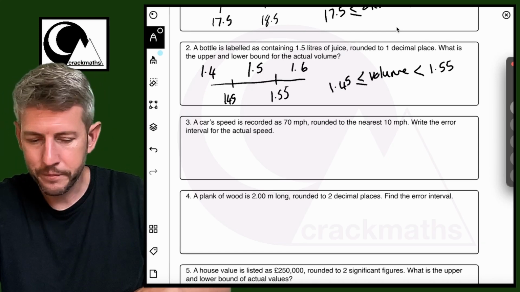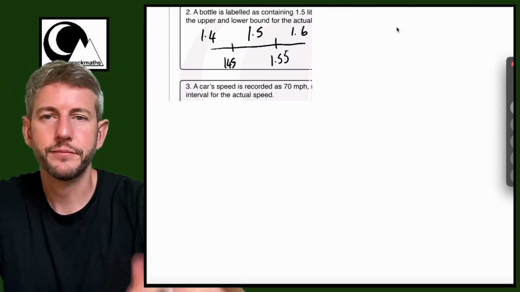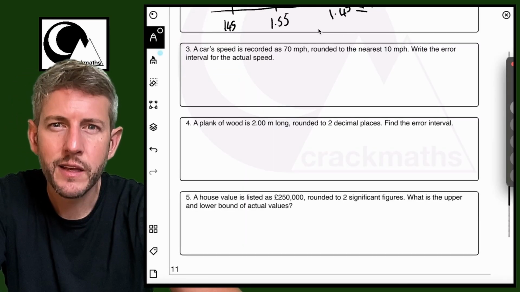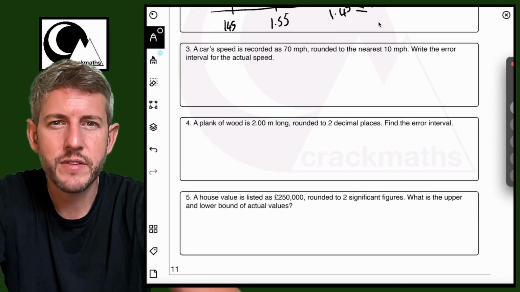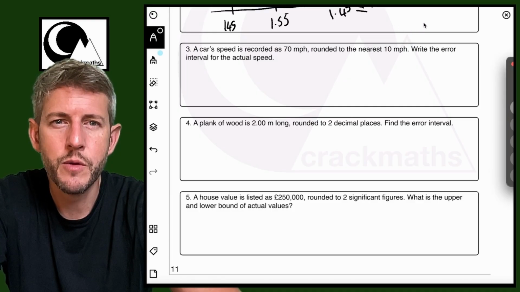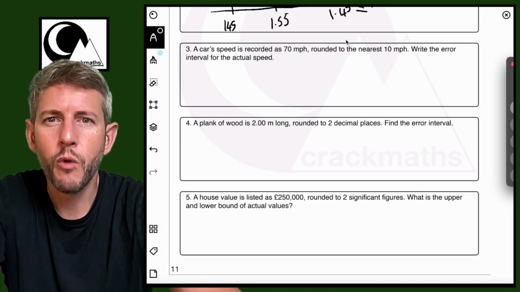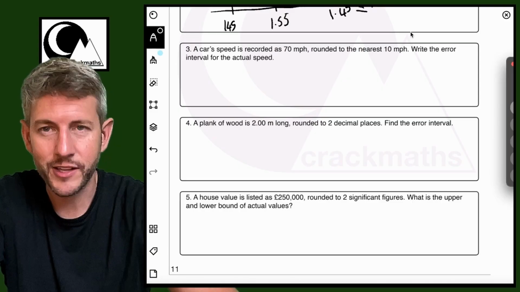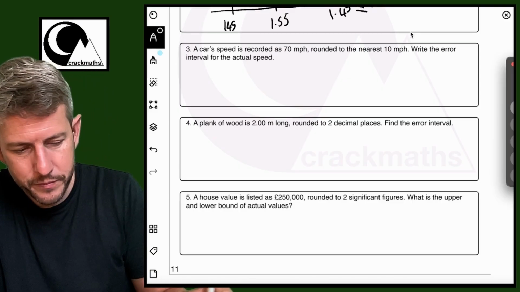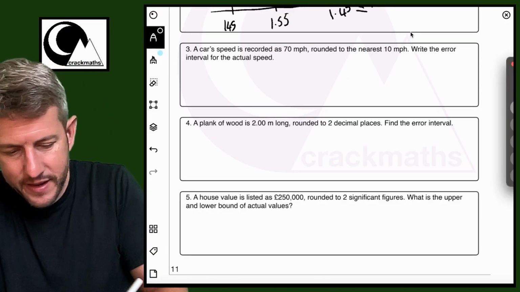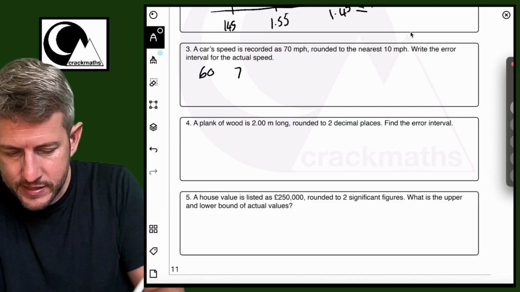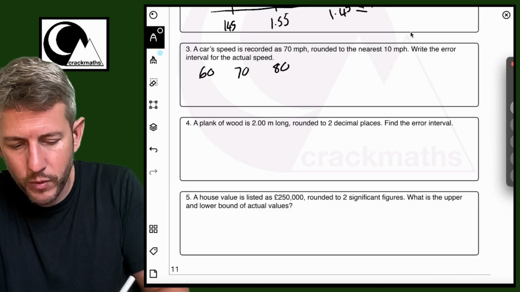Okay, right, here we go, question 3. Question 3 says, a car's speed is recorded as 70 miles per hour, rounded to the nearest 10 miles per hour. Write the error interval for the actual speed. Okay, so it's rounded to the nearest 10, so it was either going to be 60, 70 or 80 in the different worlds.